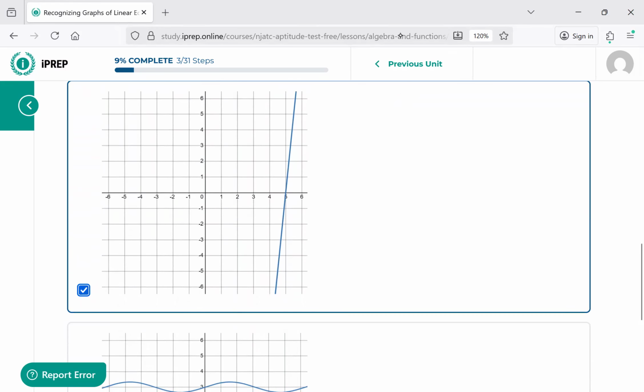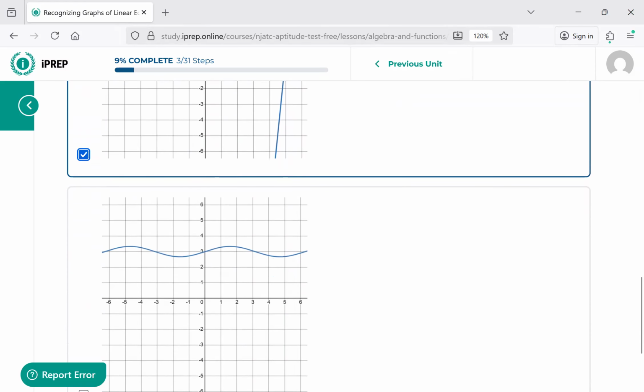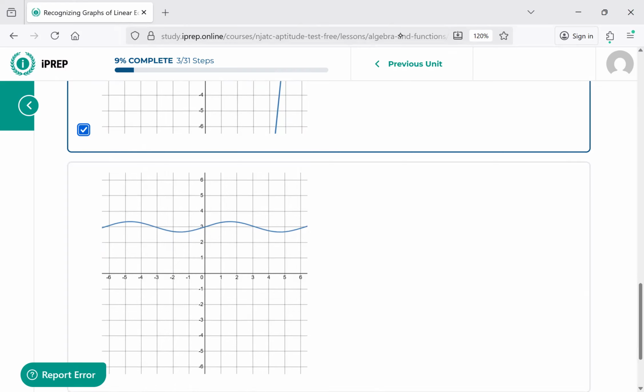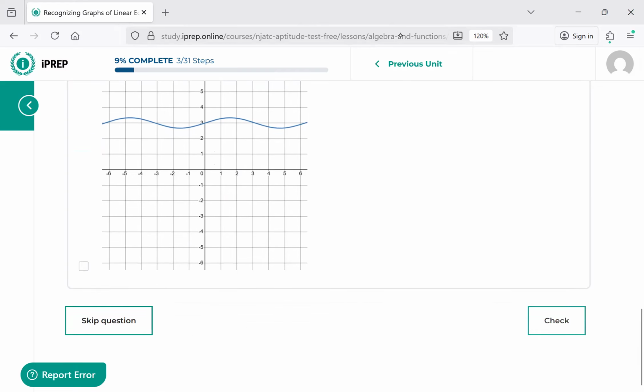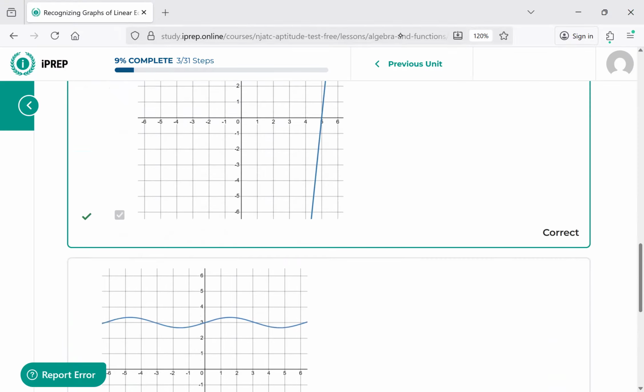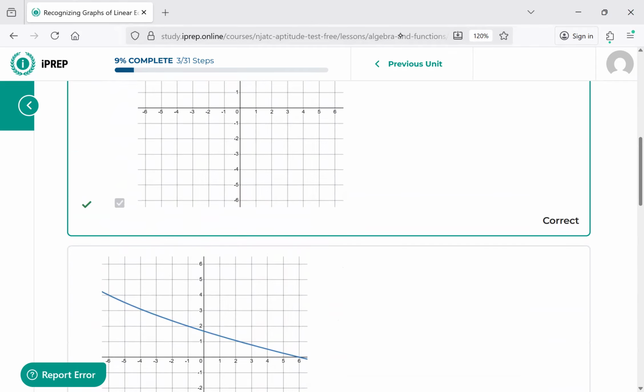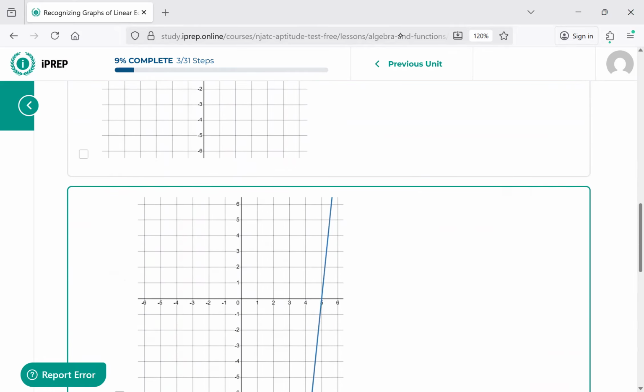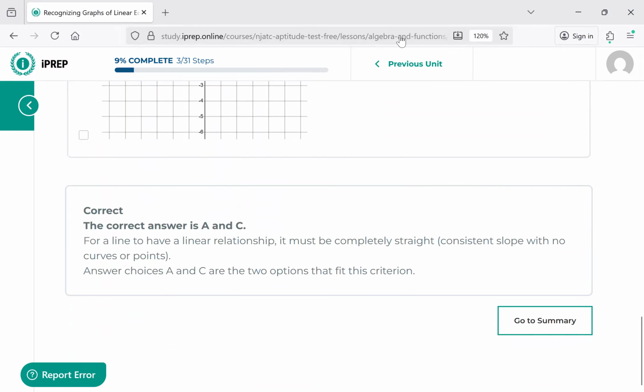So yes, this one looks like some kind of sine graph or a wave graph, sine graph or a cosine graph. That's not linear. The correct answer is A and C. Good. Yep. Perfect.